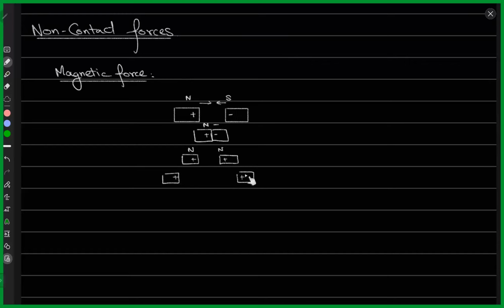The distance between these two magnets has increased. And the same is the case for negative and negative. Now, that's magnetic force. We can go into lots and lots of interesting details of this force, by the way, but that's not a part of your course.